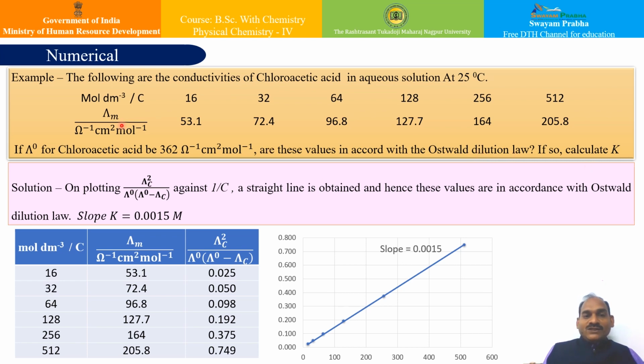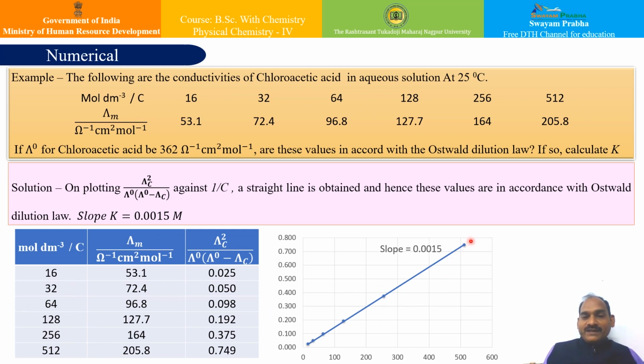Using this particular data, I can take it down in a tabular form. This is the concentration, and this is the molar conductance which is given. I can find this particular quantity which we have just seen, and if I plot this quantity against 1 upon C, I get this particular straight line.